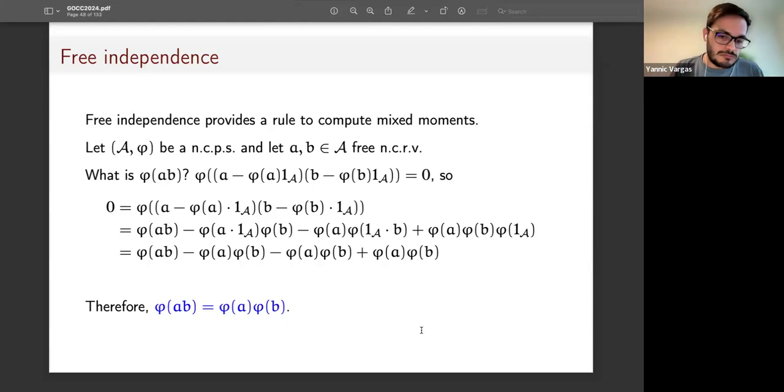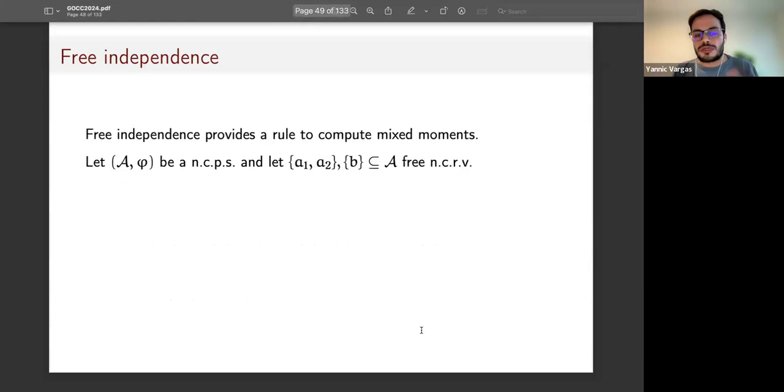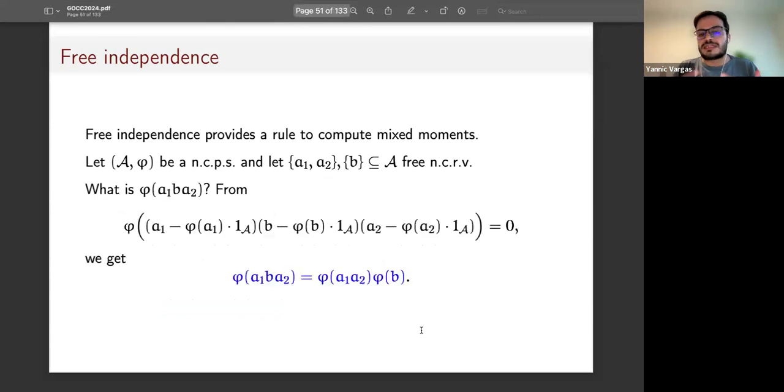Not interesting so far because I look at the mixed moment of just two random variables which are free. But as soon as we start to go to more complicated examples, we will see that it's not the same thing as calculating the expectation of independent variables in the classical setting.